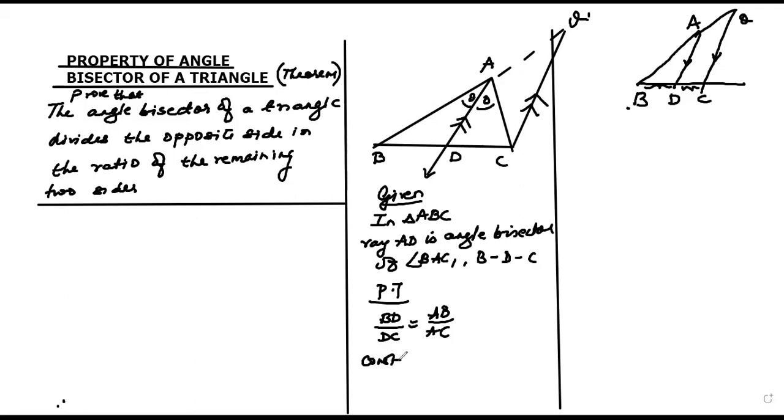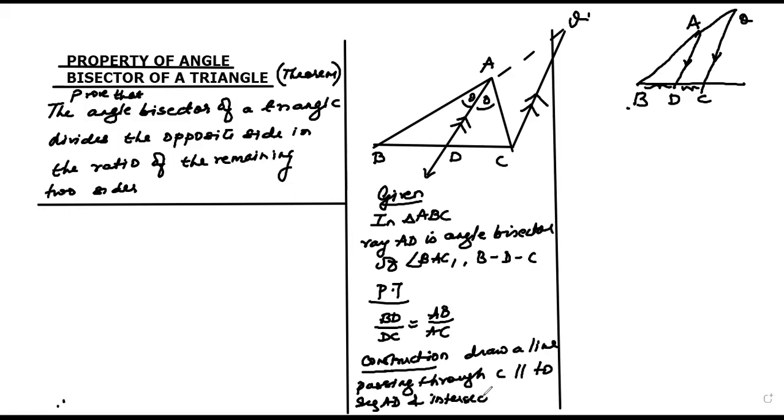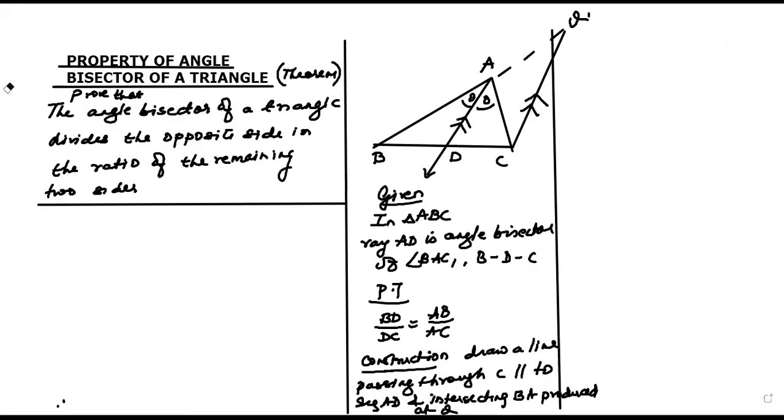So what is the construction, children? Draw a line passing through C, parallel to segment AD, and intersecting BA produced at Q. You can see, children, I've drawn a line passing through C. Please pay attention.